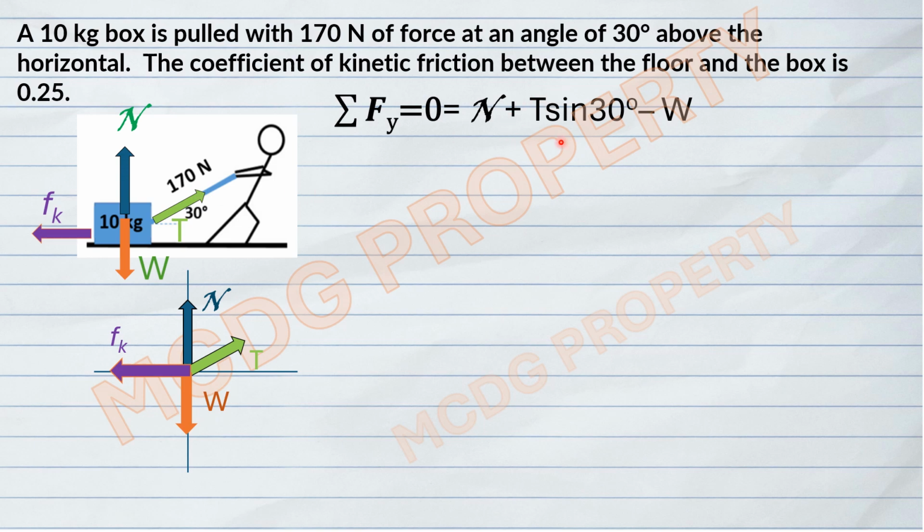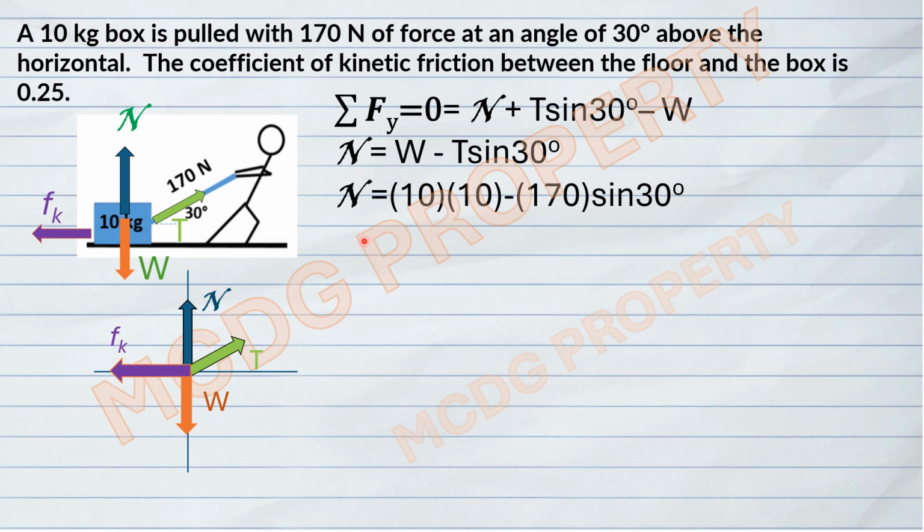It's positive because, as you can see, it's on the first quadrant. And the weight of the box is negative because it is directed downward. So from the summation of forces along the y, you will be able to get the normal force.